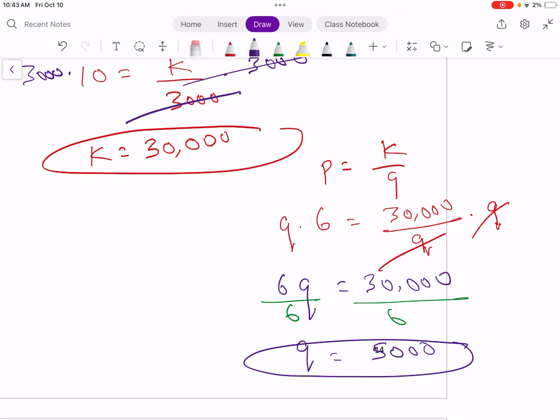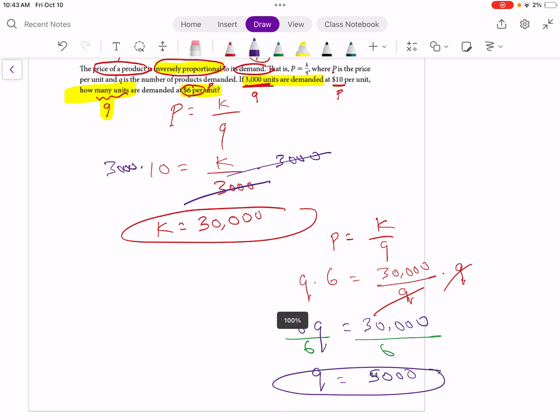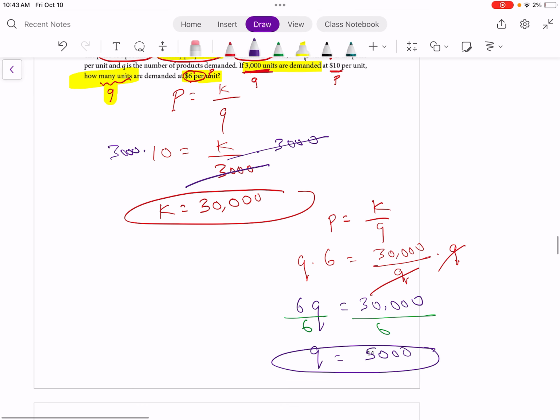Okay, so this is how we can use the inverse variation model. So look for the keyword. If you have directly proportional, then you rewrite your function as y equals kx, where k is a constant that you need to find.